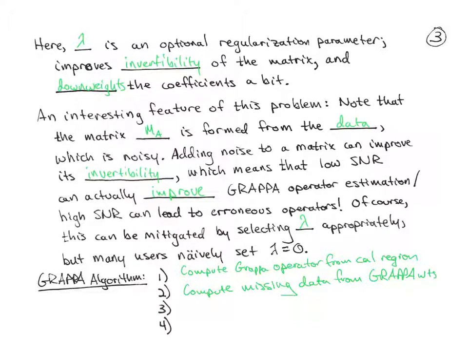Then we reconstruct the individual coil images. And finally, we combine those coil images. So there's no unfolding to do here as there is in SENSE. After we fill in the missing data in k-space, we already have unaliased full field of view images for every coil.